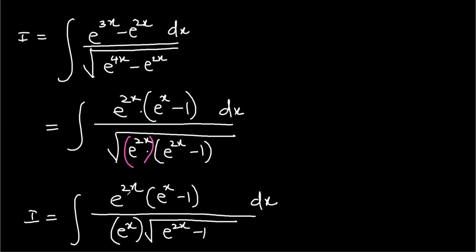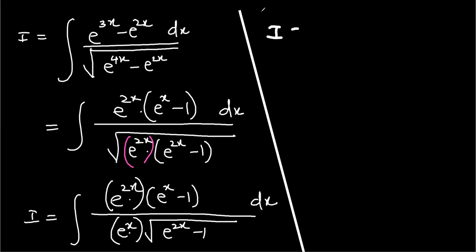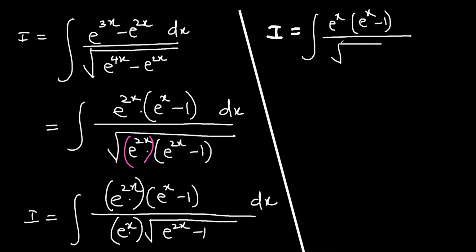Now what happens, students? See, in numerator you have e raised to 2x and here you have e raised to x. So this will cancel 1 e raised to x and you get I equals to e raised to x minus 1 divided by square root.